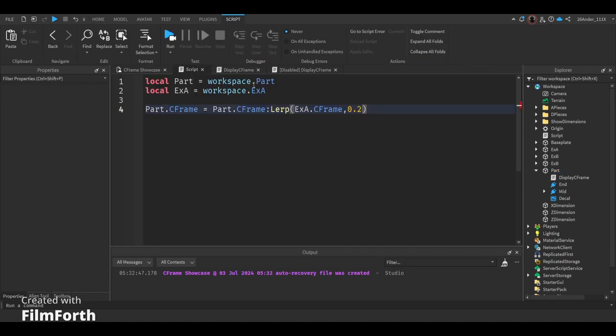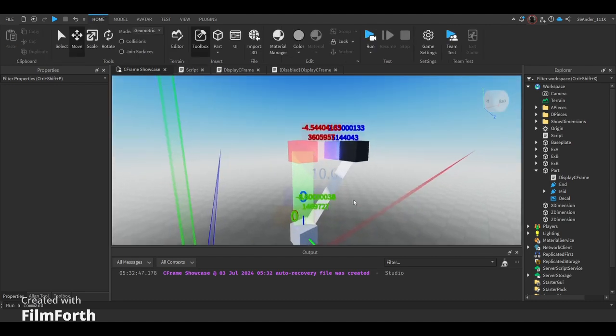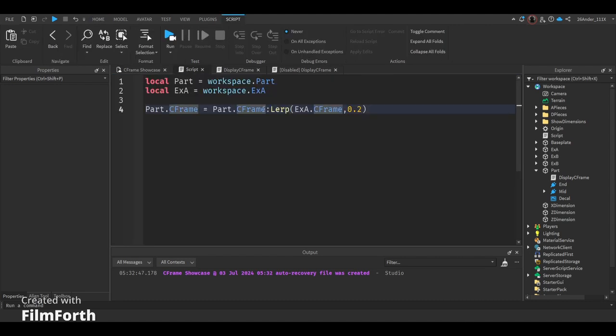Alright, next up Lerp, and this is like the only last useful method that I think would be worth showcasing. The other methods you can learn if you want. I think they're useless. I never had to use them. Alright, Lerp. It's a CFrame:Lerp.